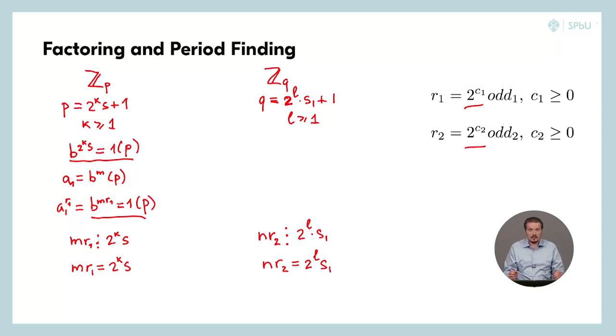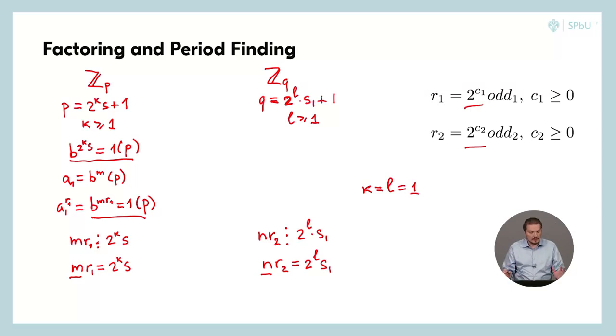Because you already see that the number of 2's in R1 and R2 depends on the number of 2's in these random numbers. And again, the worst case is if K equals L and equals 1.